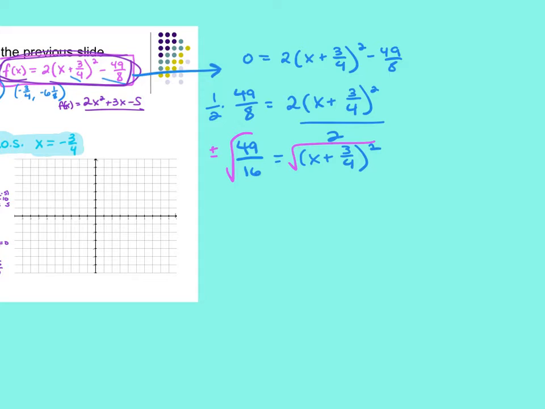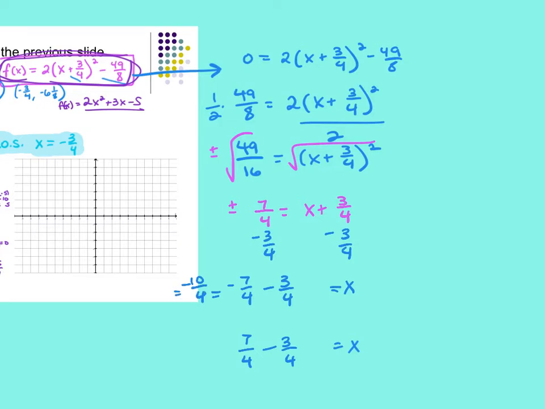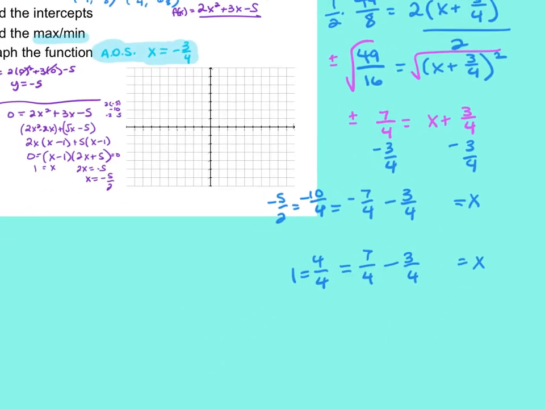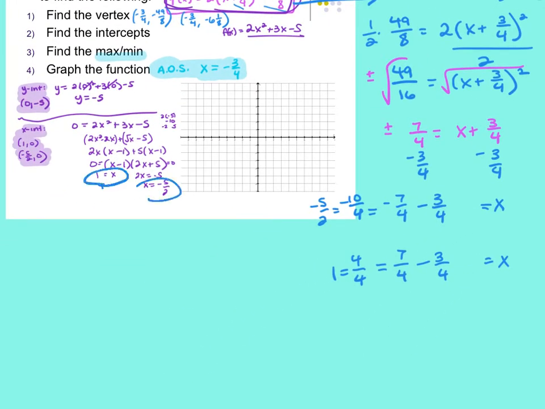Square root of 49/16 is 7/4. Subtract the 3/4, and there's two equations here. X equals negative 7/4 minus 3/4, and x equals positive 7/4 minus 3/4. So I get negative 10/4, which is negative 5 halves, and 4/4, which is 1. Same answers I got from factoring.